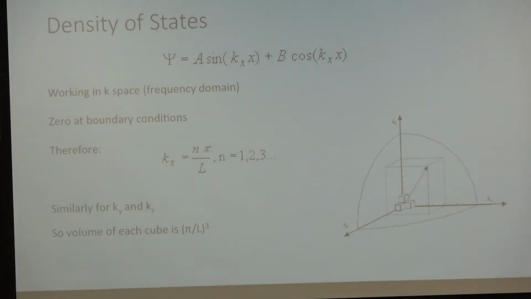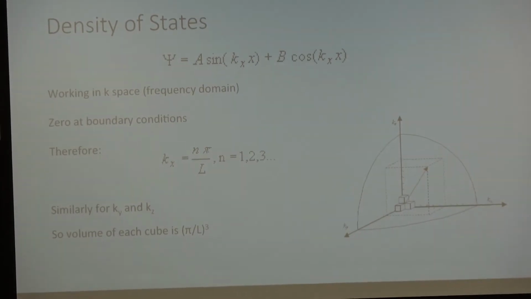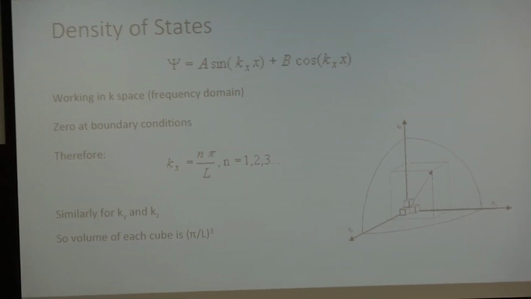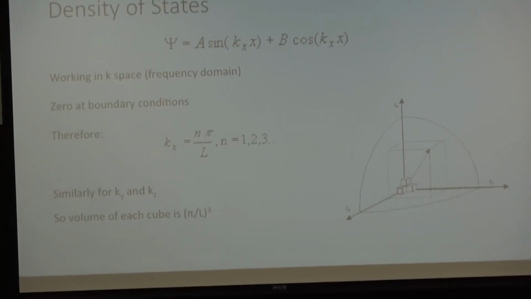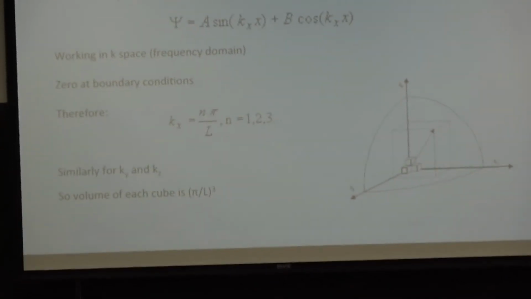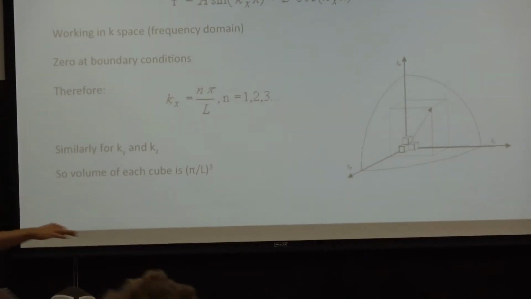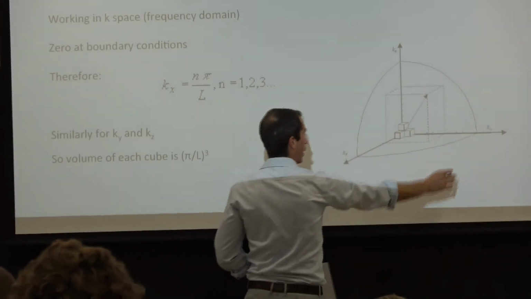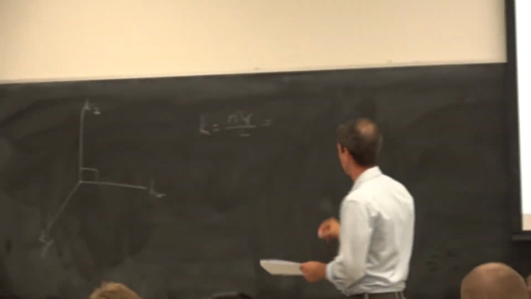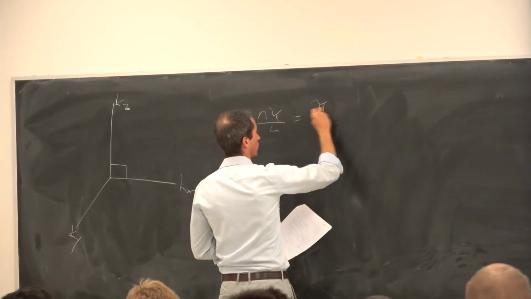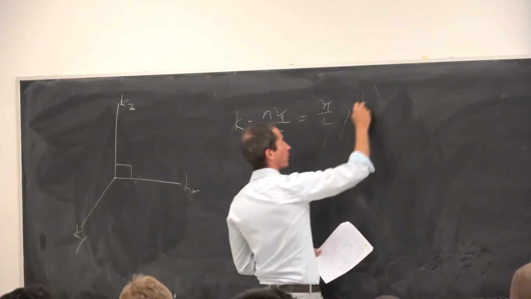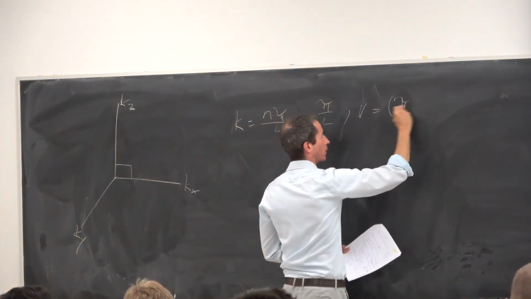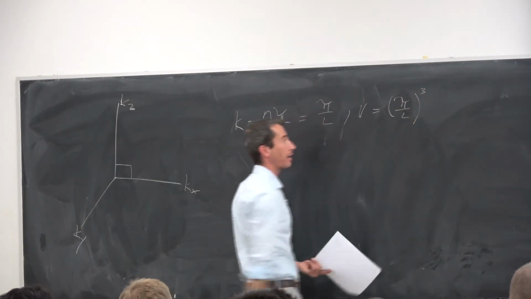So we know n pi over L. If we imagine our simplest cube where n equals 1, the distance for one of these cubes is pi over L. And therefore the volume of one of those cubes is that.